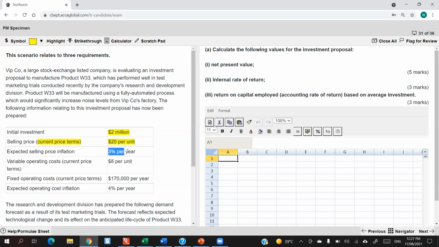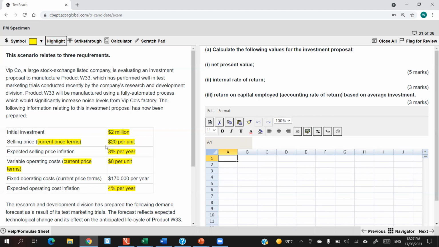We have the selling price inflation of 3% per year, so we will inflate it for the number of years. Then the next thing is the variable costs, which are also in current price terms, and they are $8, which means we'll need to inflate them as well. We will be inflating them at an inflation rate which should be given to us, and here it's the expected operating cost inflation rate, which is 4% per year.